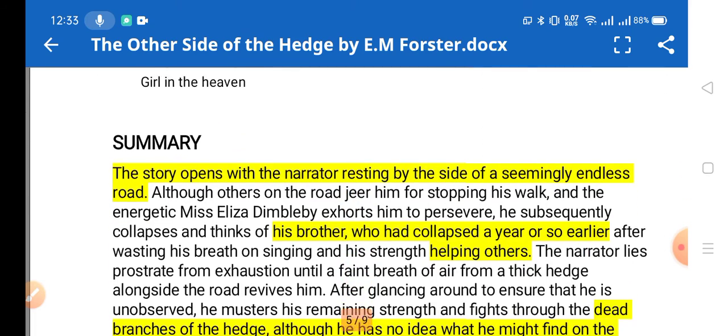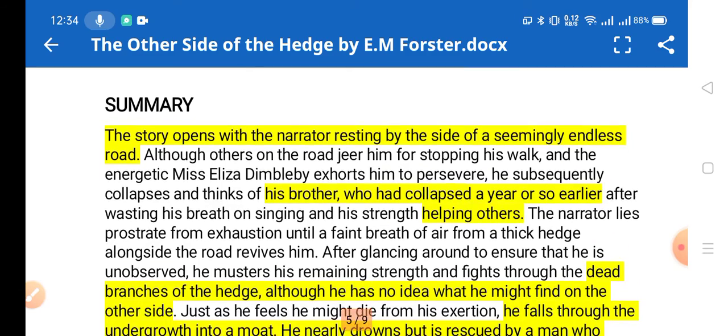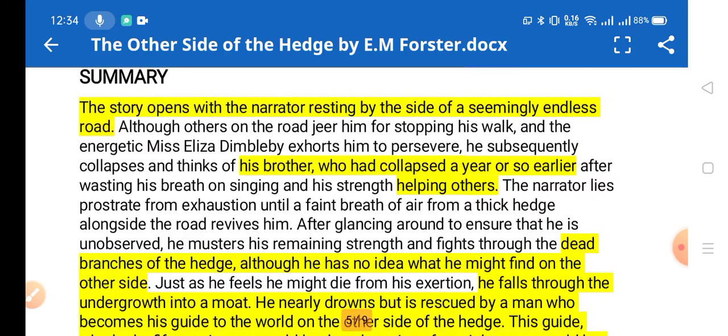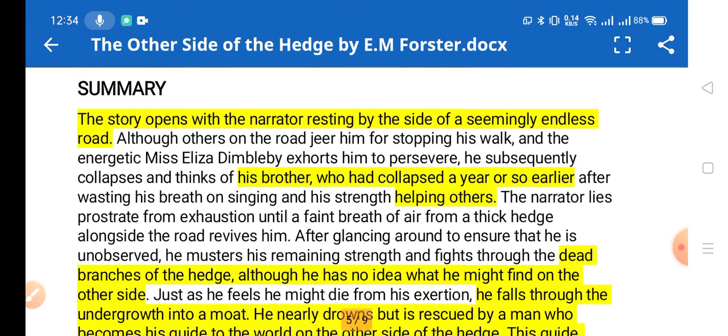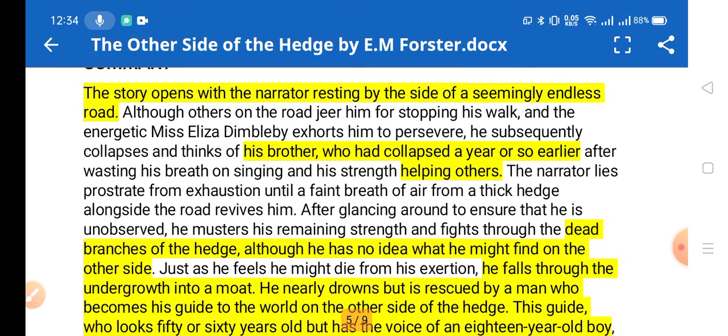And the summary of the story opens with the narrator. He was resting by the side of a seemingly endless road with a pedometer in his hand to measure the distance he had covered. And although others on the road jeer at him for stopping his walk, he stops his walk and sits down, and there comes the energetic Miss Dimpleby, who exhorts him to persevere.